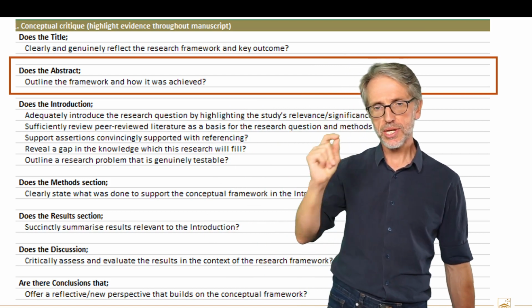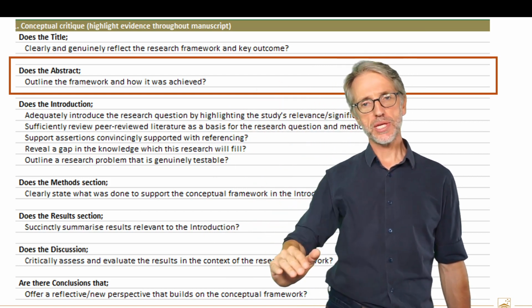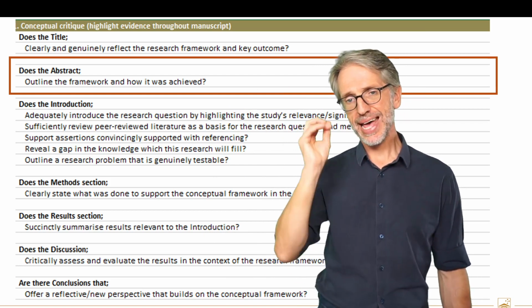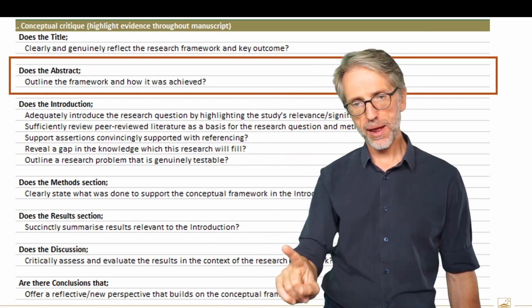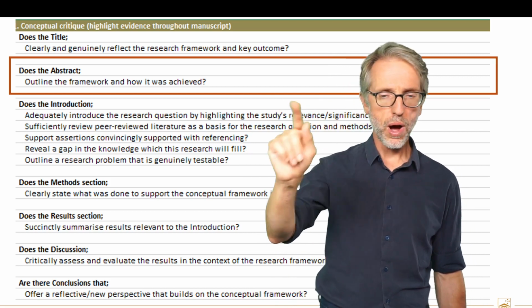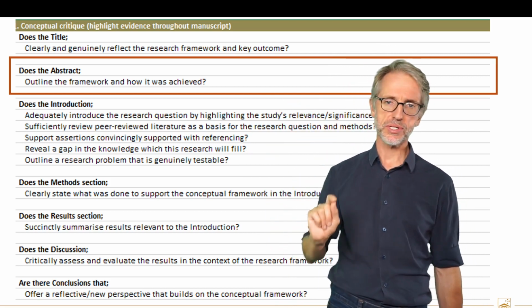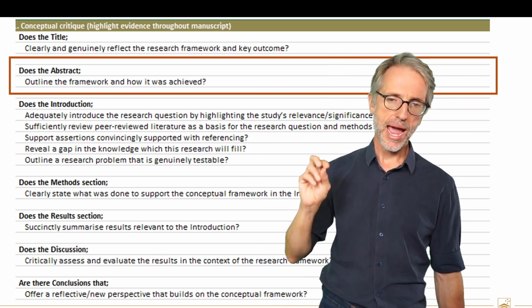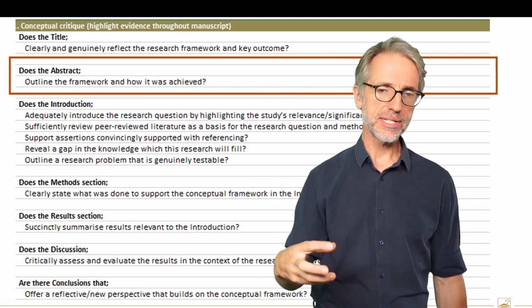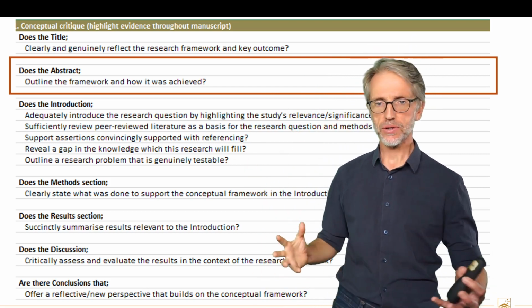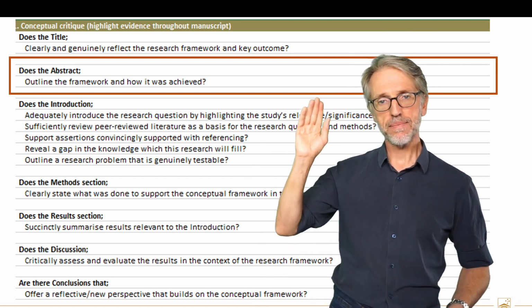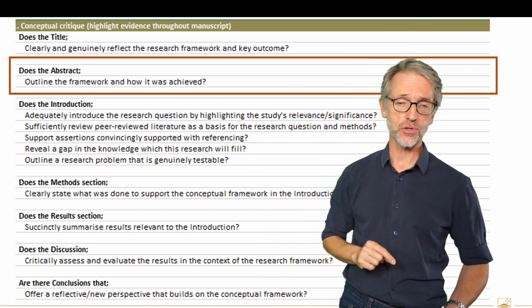You should see from the start to the end of that abstract a clear theoretical framework that leads you to why the study was conducted, what was done, what was learned, and how we can understand the research question in the context of that piece of work. That must be there, and that's what you should be looking for.